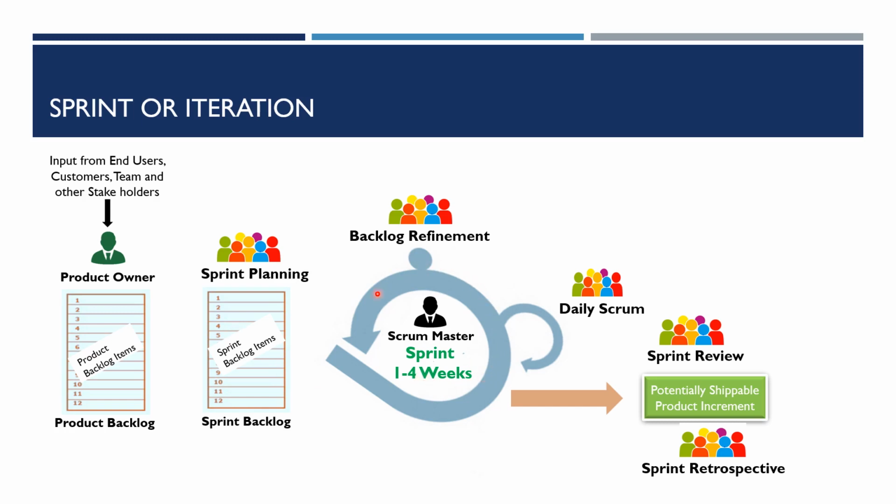Within that sprint, a backlog refinement call happens on a regular basis. It's decided by the team. Some teams do it once a week. Some teams do it once in 2 weeks, right?